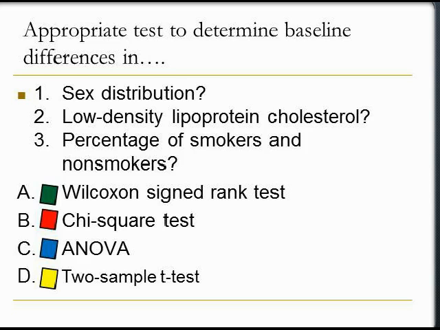First, we want to know if the percent of men and women differ between the two groups. How many for A? Just hold up whatever card you want to hold up. All right, I see mostly reds. So this would be chi-squared. That would be the correct answer in this particular situation.